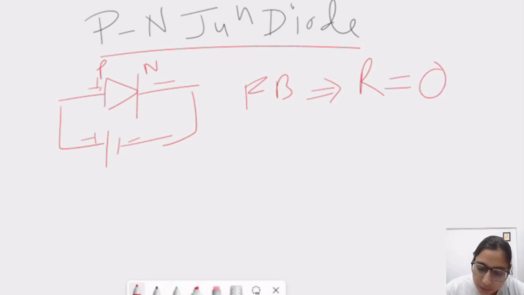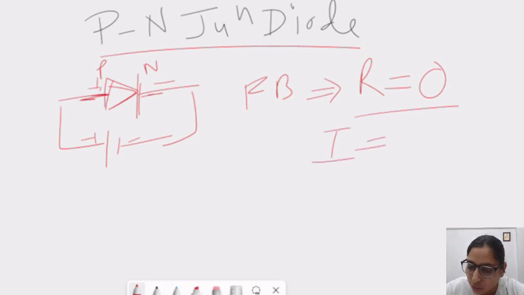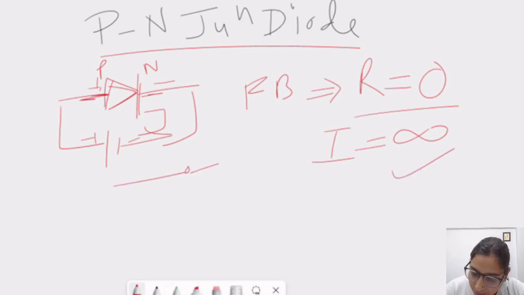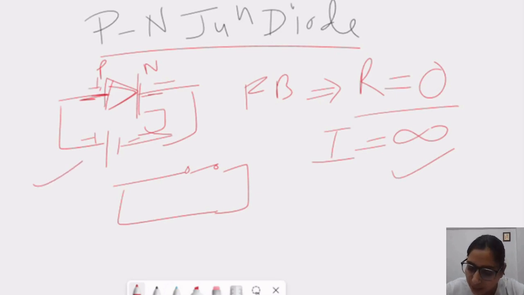It means the terminal resistance of this diode is zero. If the resistance is zero, the current will flow infinitely in this circuit. If the current is infinite, we consider it a short circuit condition. So in the ideal diode condition, if the circuit is forward biased, we consider it as a short circuit.